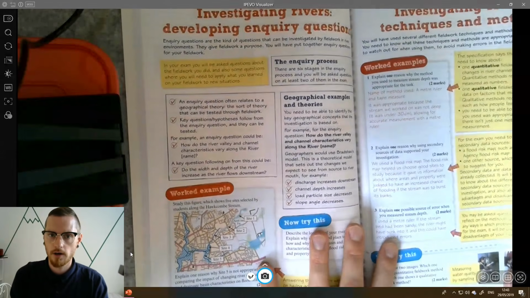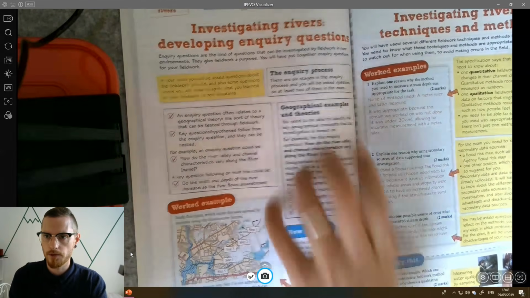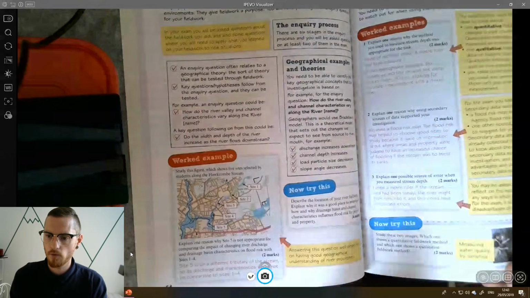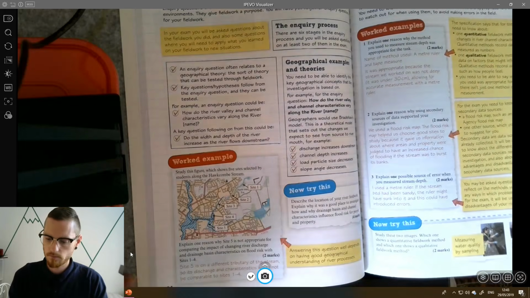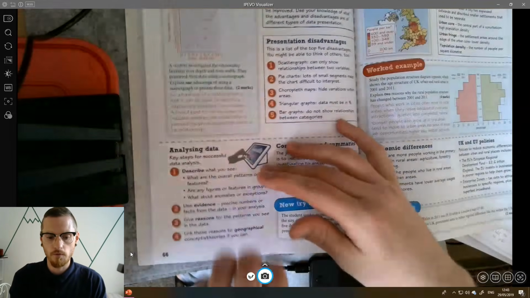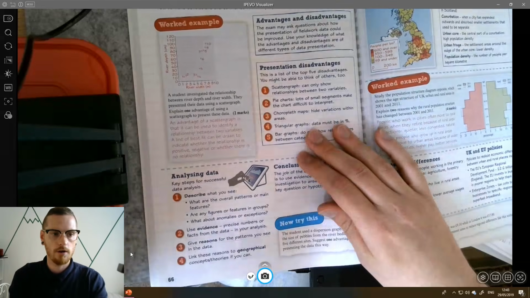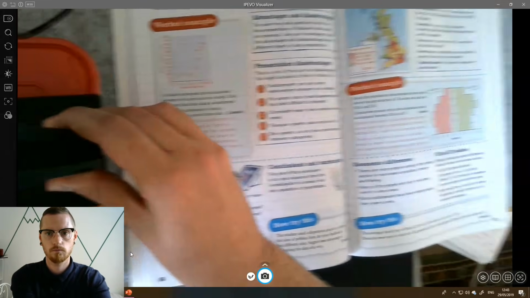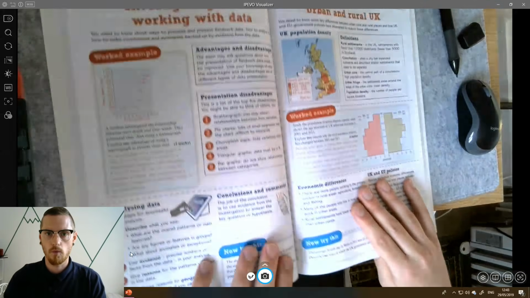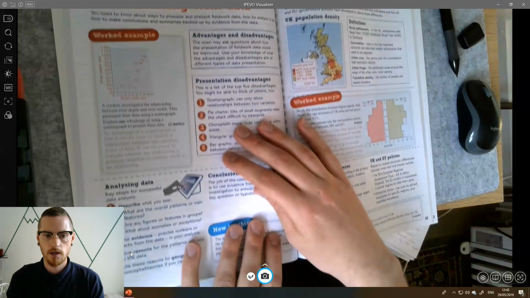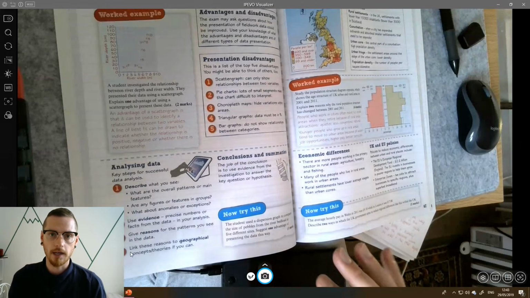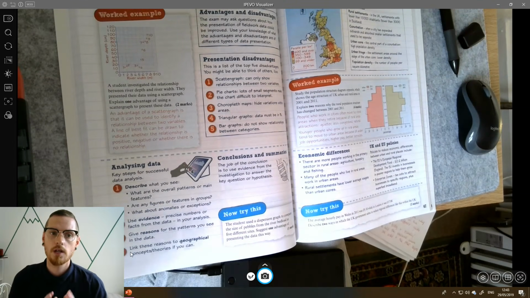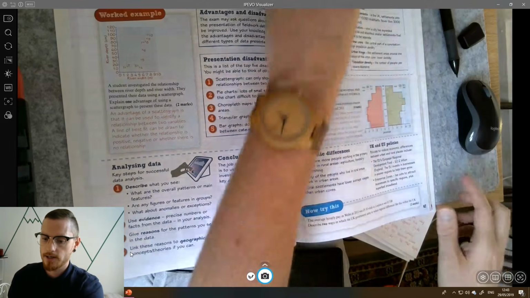So what I've got here is investigating rivers, and you've got page 64 and page 65. And we turn this over, we've got more on investigating rivers. There we go. Investigating rivers, and this is page 66. Must know that, okay? So that's 3 pages on rivers. Don't skip that in your revision. Look at it, revise it.